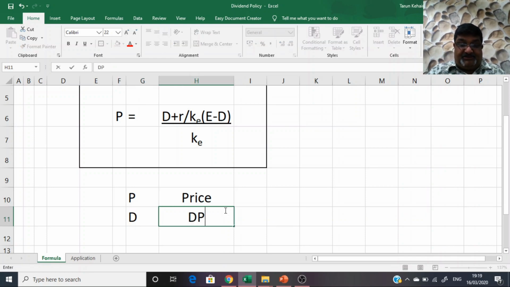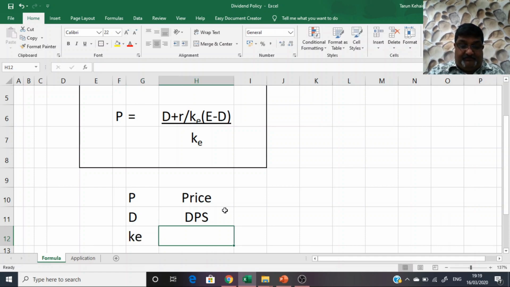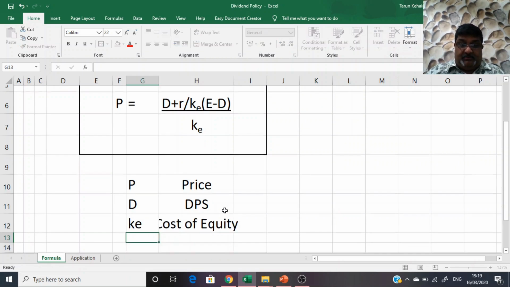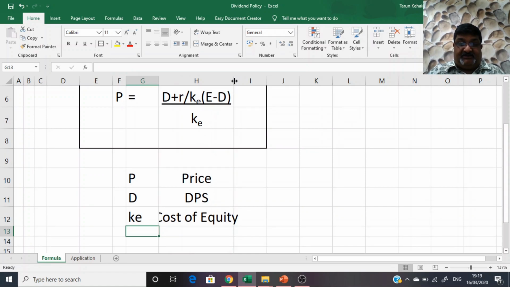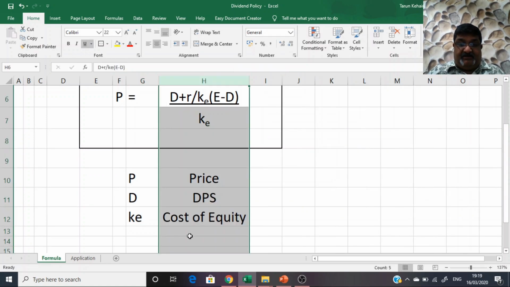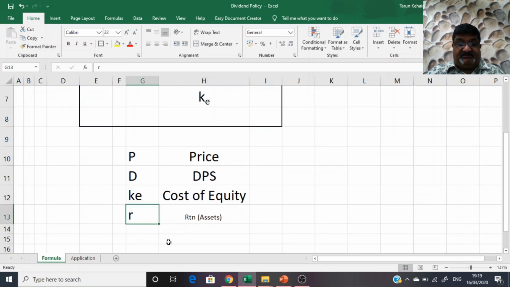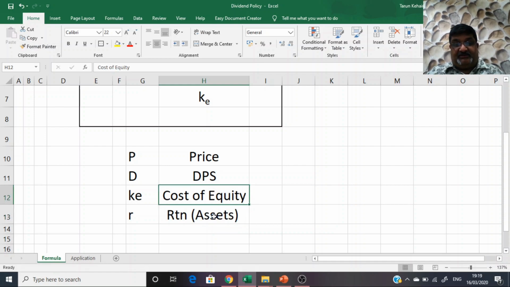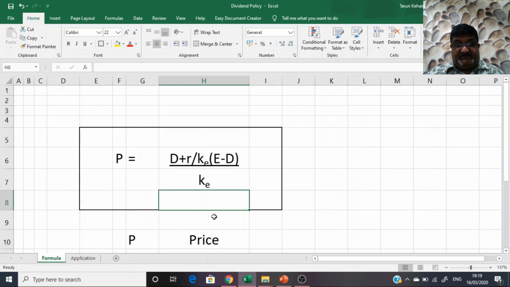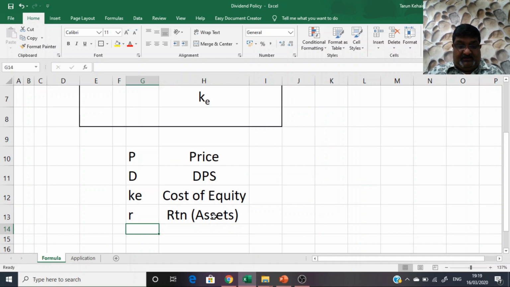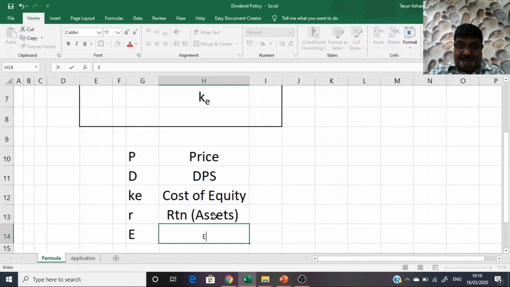D is the dividend per share, and KE is your cost of equity, or the return that is expected by the shareholders, and R is basically the return which is generated internally. We can take it as return on assets, the return which is generated internally by the organization. So now that you have a nomenclature to each of these terms, and of course E is your EPS, earnings per share.